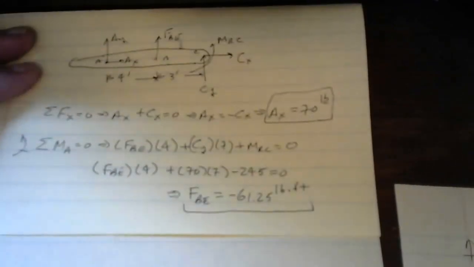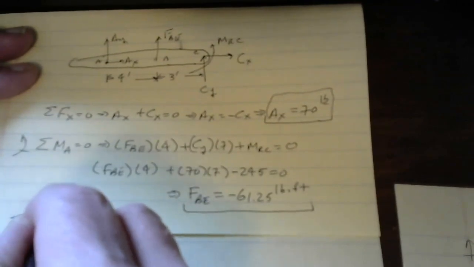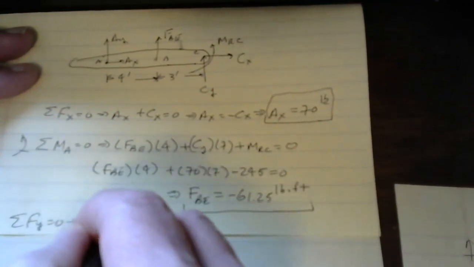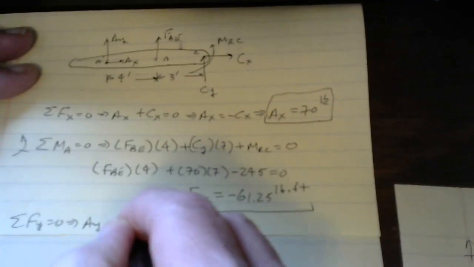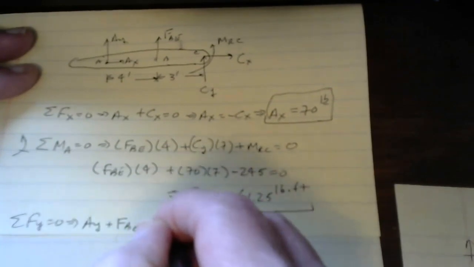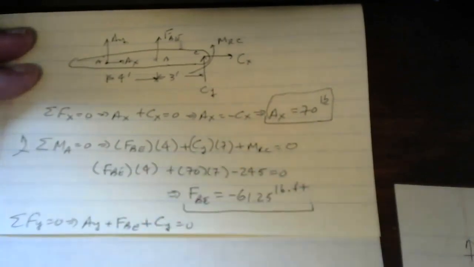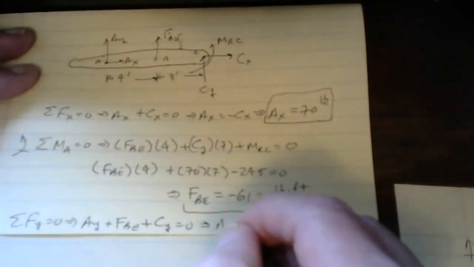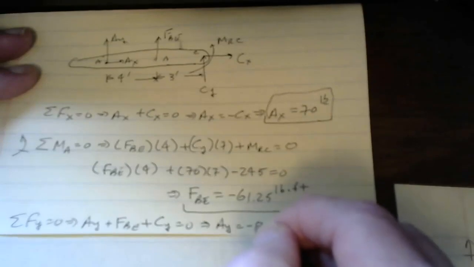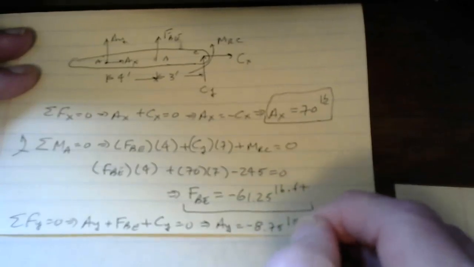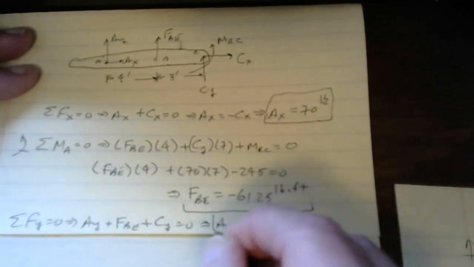All right, and then last but not least, sigma Fy is equal to 0 says AY plus FBE plus CY is equal to 0. I put in the numbers and I get AY is minus 8.75 pounds. Okay, so I solved the problem.